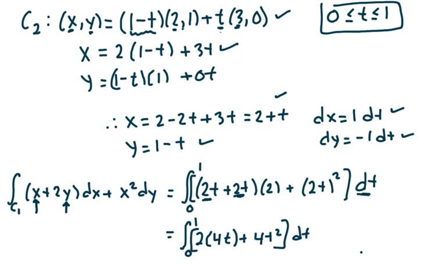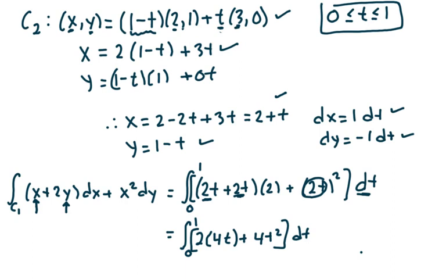And then I'm going to add, I'm going to replace x with 2t, and I'm going to square it. And remember that dy is 1 dt. So we're okay. And then I'm going to take this and integrate with respect to t. And remember, I'm integrating from 0 to 1.